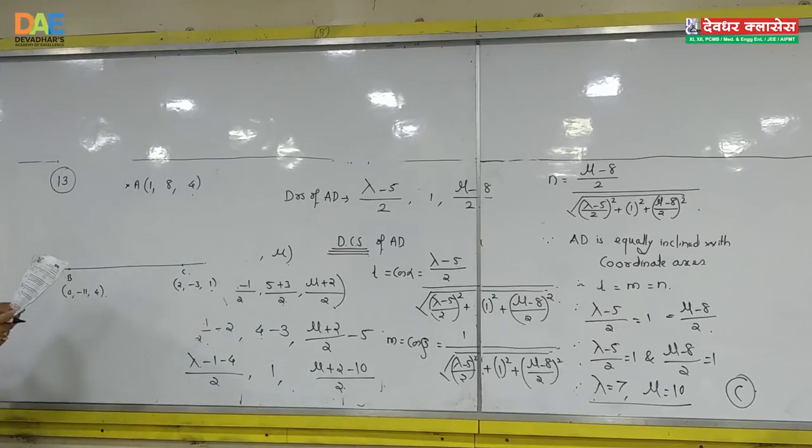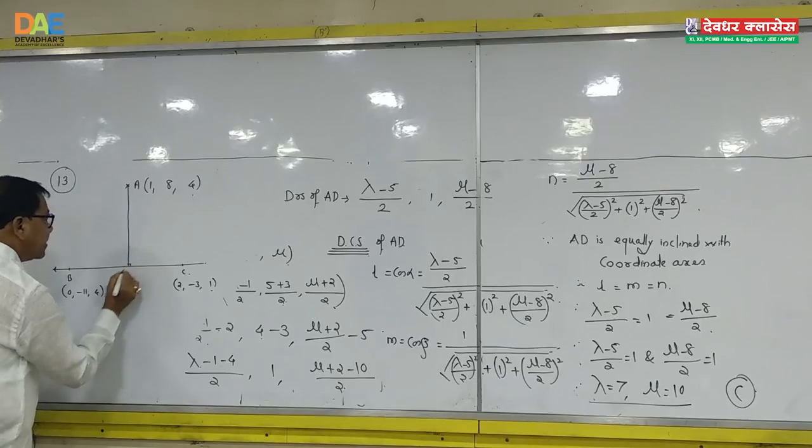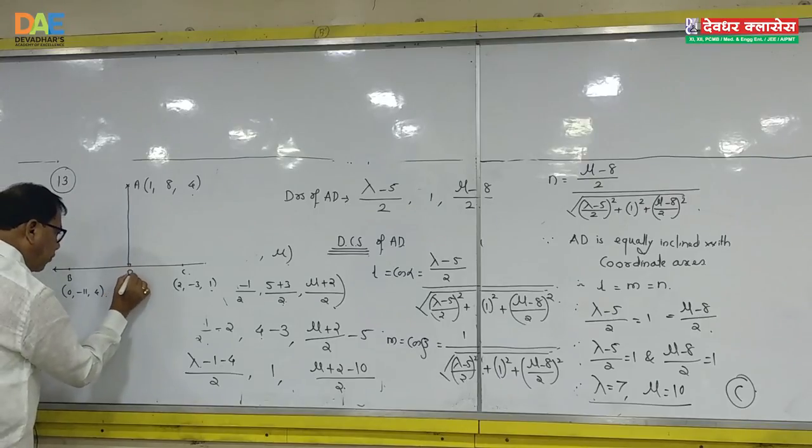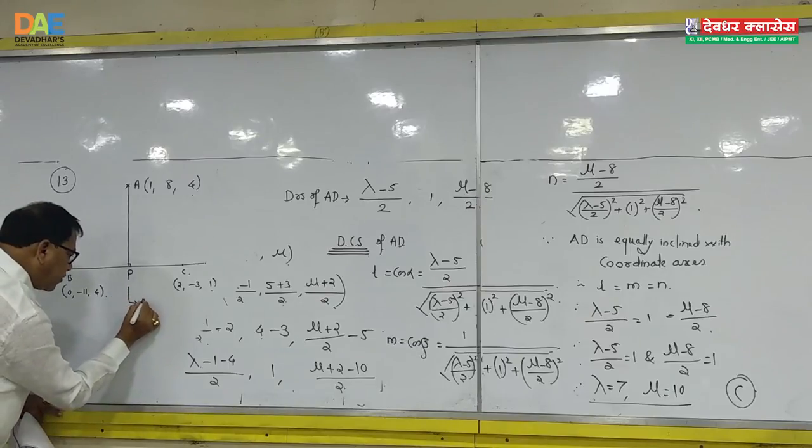What is asked? The foot of the perpendicular drawn from point A. Let P be the foot of the perpendicular, and it is asked to find the coordinates of point P.